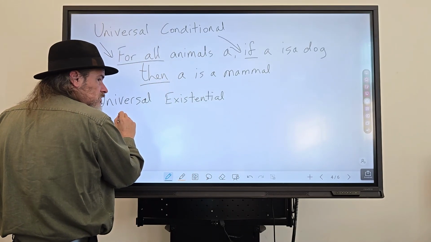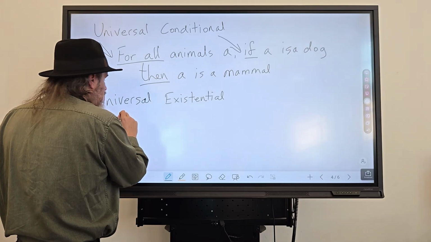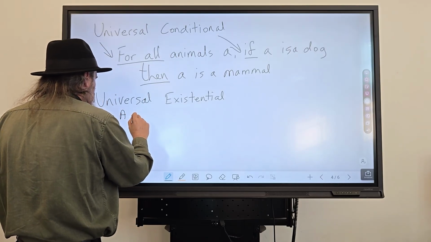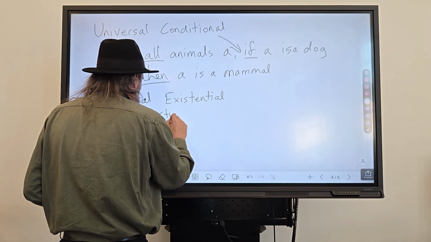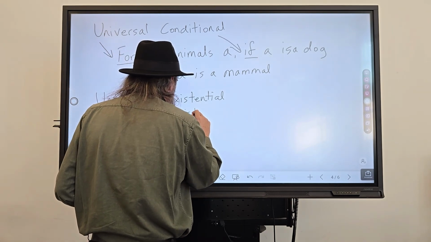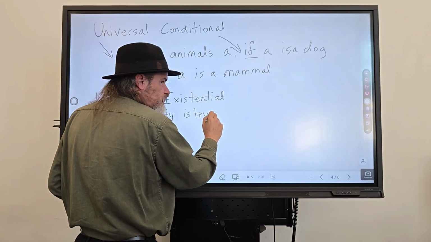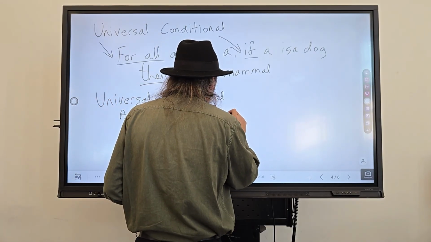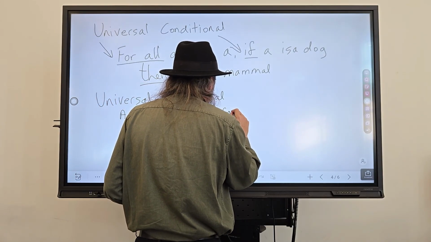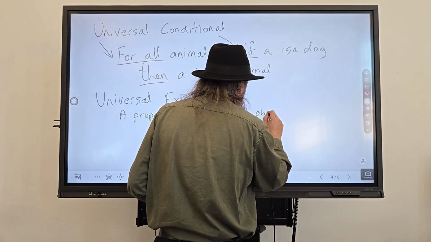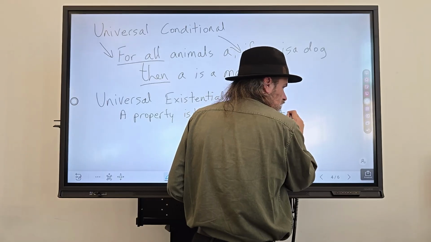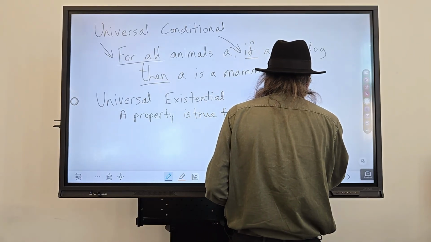First part says a property is true for all objects of a given type.